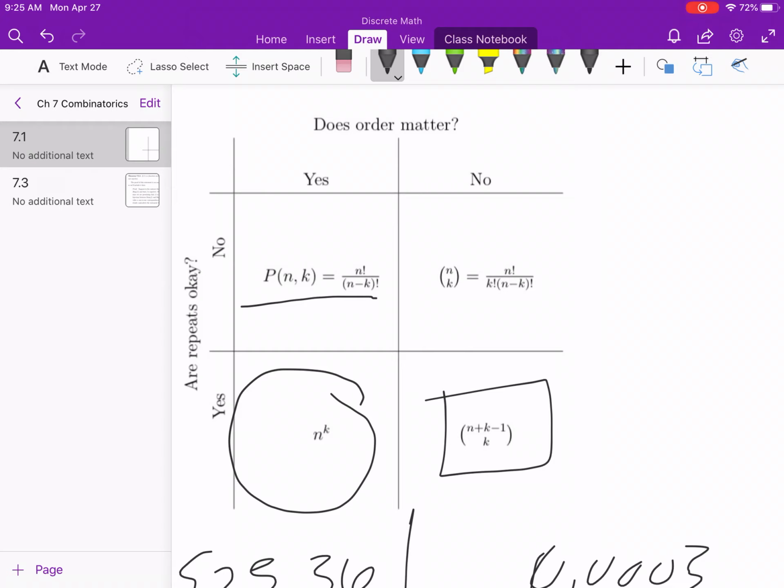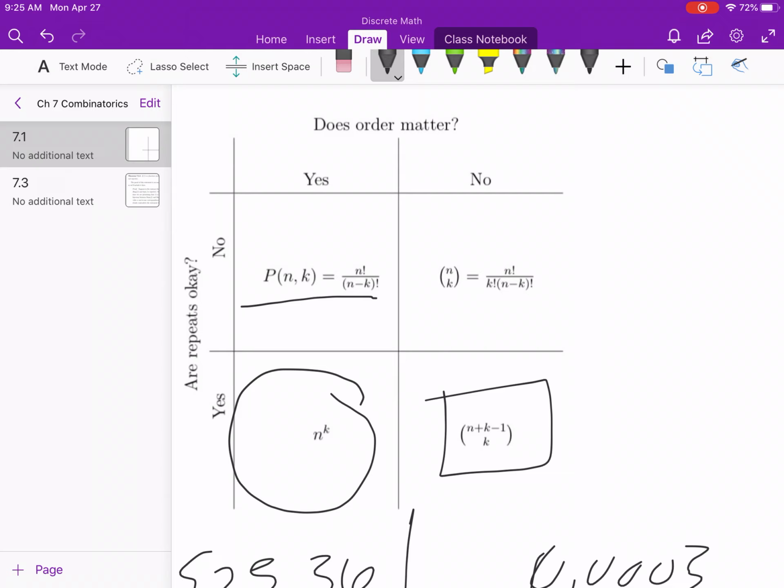We can think about an example. Imagine a scenario where I'm looking at cards. What I want to do is figure out how many hands in poker have a particular property.